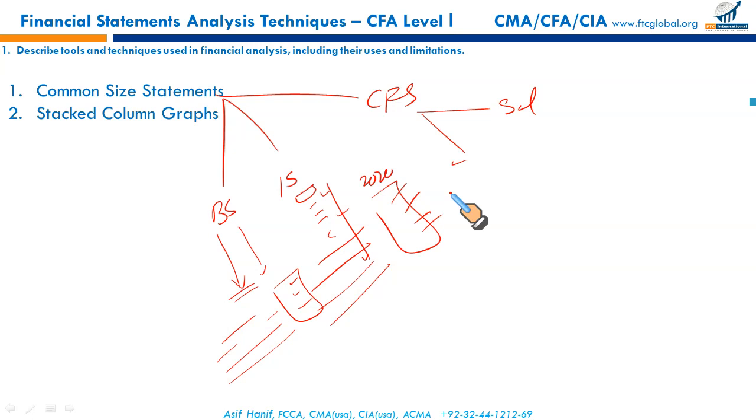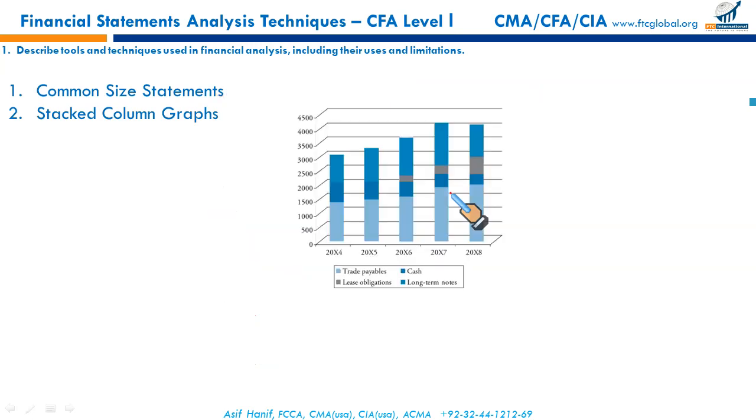Then we have certain graphs like these stacked column graphs, where you can express numbers as a fractional part of these bars. As you can see, trade payables are represented by this light blue color, and over the period there is an increase in trade payables. Cash is represented by the darker blue color, and accordingly this grayish color represents your lease obligations.